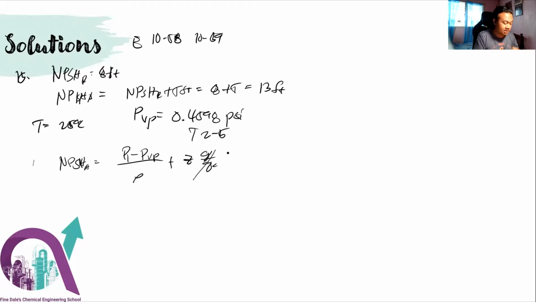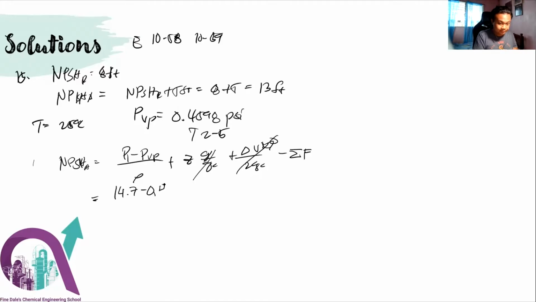So that's just 1, and then the change in kinetic energy, and then we have the F. We don't have a change in kinetic energy because it's assumed that the velocity is constant throughout.